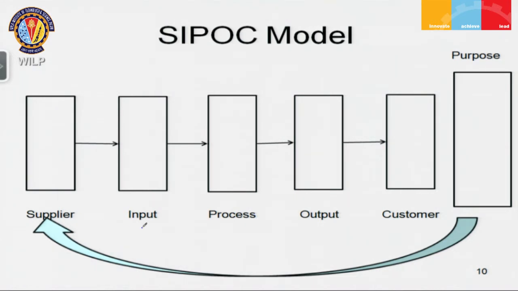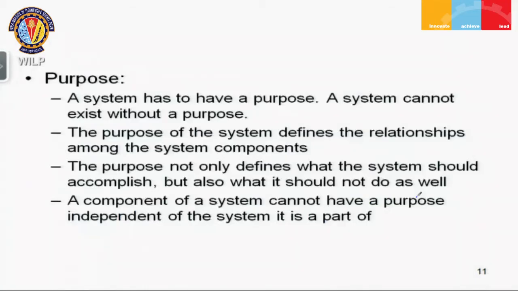And the thing that one has to bear in mind when we talk about the SIPOC model is there is the idea of a purpose, and the purpose is the one that actually drives the entire system, starting with the supplier, the input, the process, the output, etc. Because if there is no purpose, the system has no direction, and the system really would be chaotic and be doing things that is not in any unified manner or direction.